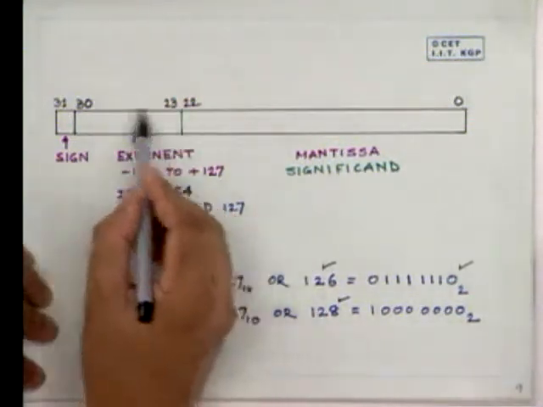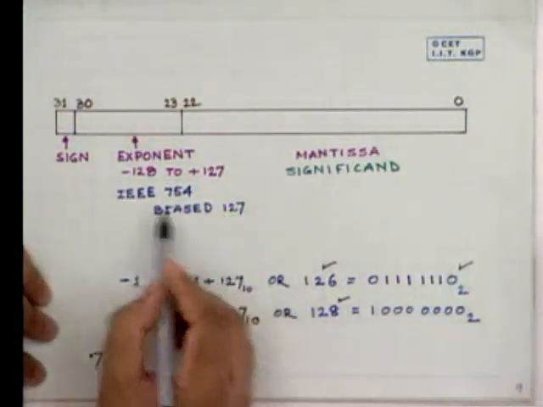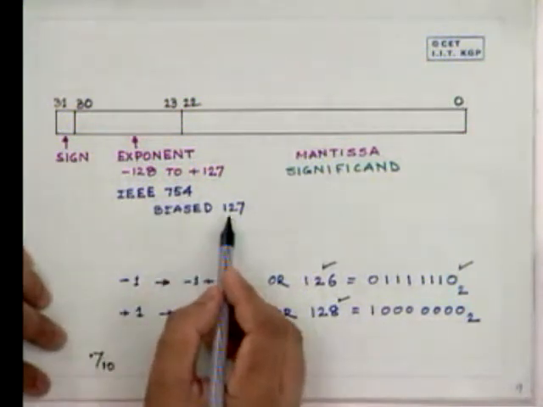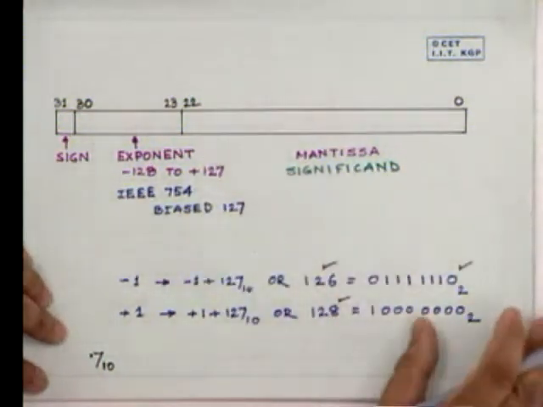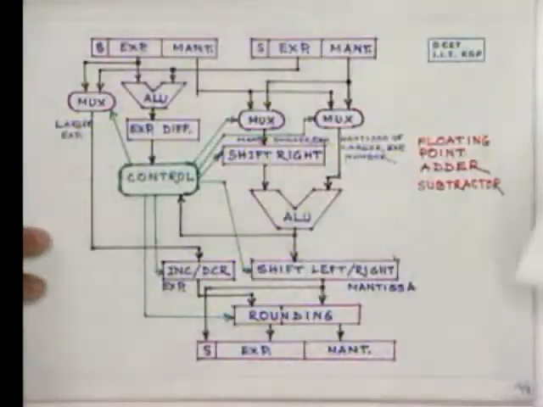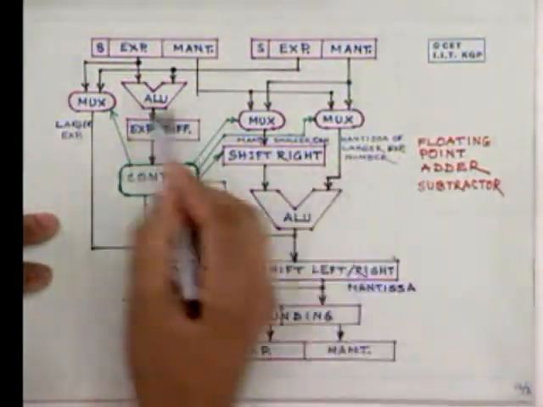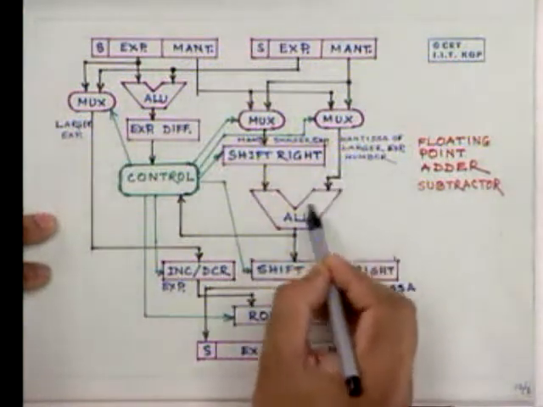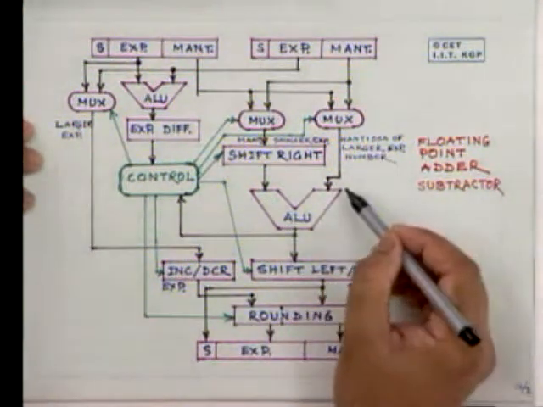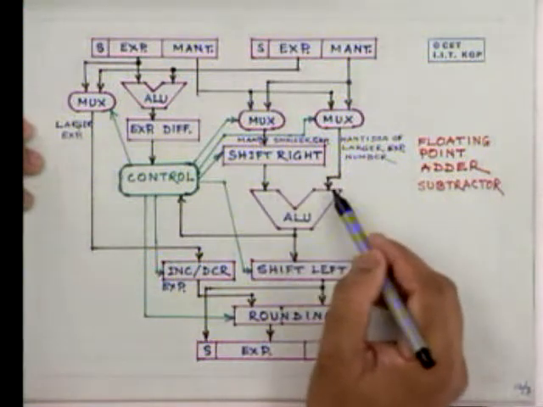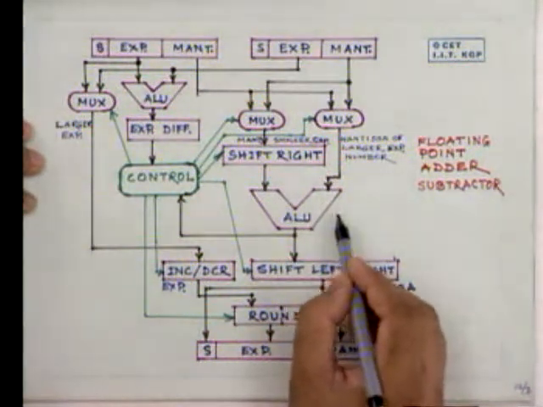We can assume that it is in 2's complement form, or more so, let us assume that it is in a biased 127 form, because the IEEE 754 standard is more or less honored by most of the computer manufacturers, and this is the mantissa. Therefore, when these two numbers come, they come with the mantissas as well as their sign bits as the input of the ALU, and the ALU then does the actual operation depending upon the magnitude and the sign of the two operands and the operation involved.